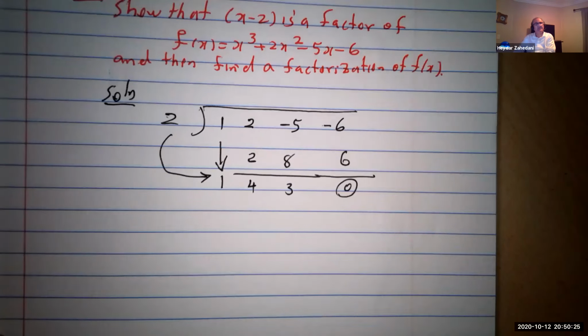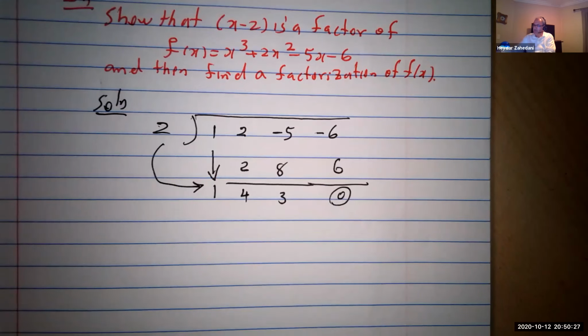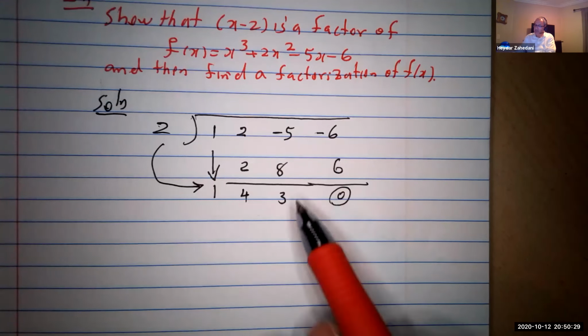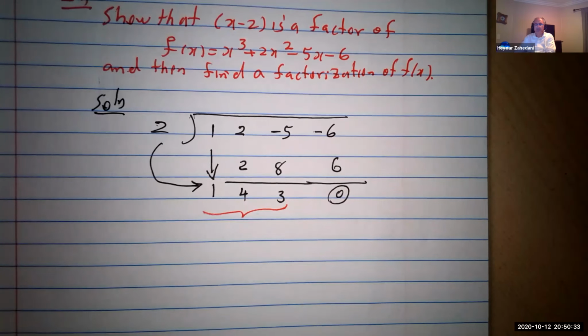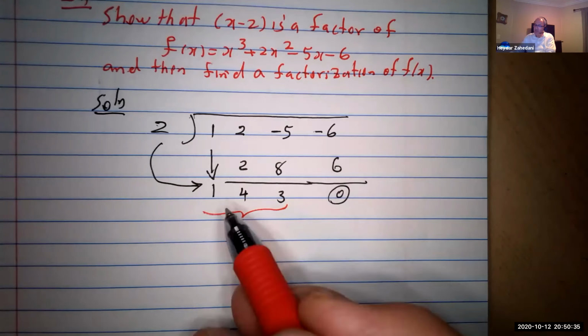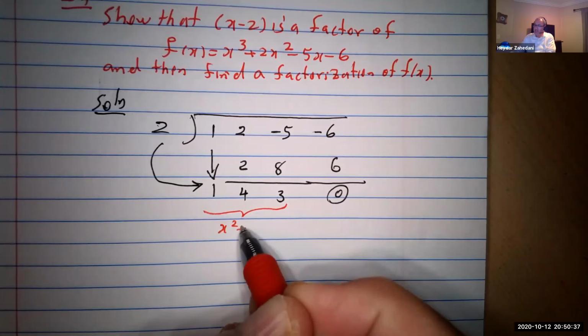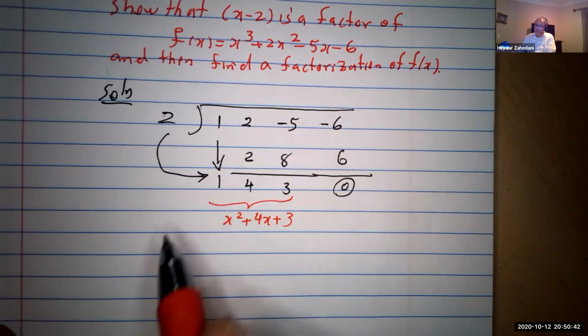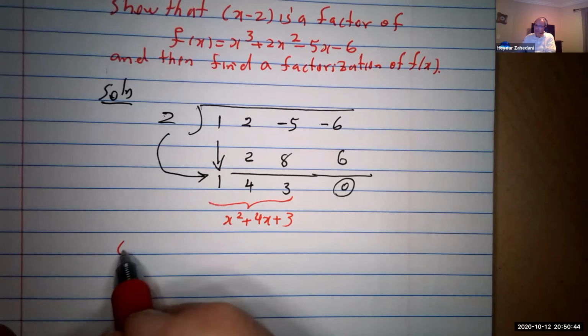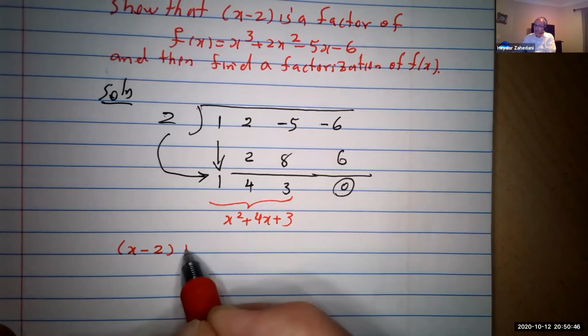Okay, so this means x minus 2 is a factor, and you have the divisor. Look at this one. You start with the cube, so this is going to be x squared plus 4x plus 3. So this means x minus 2 is a factor.